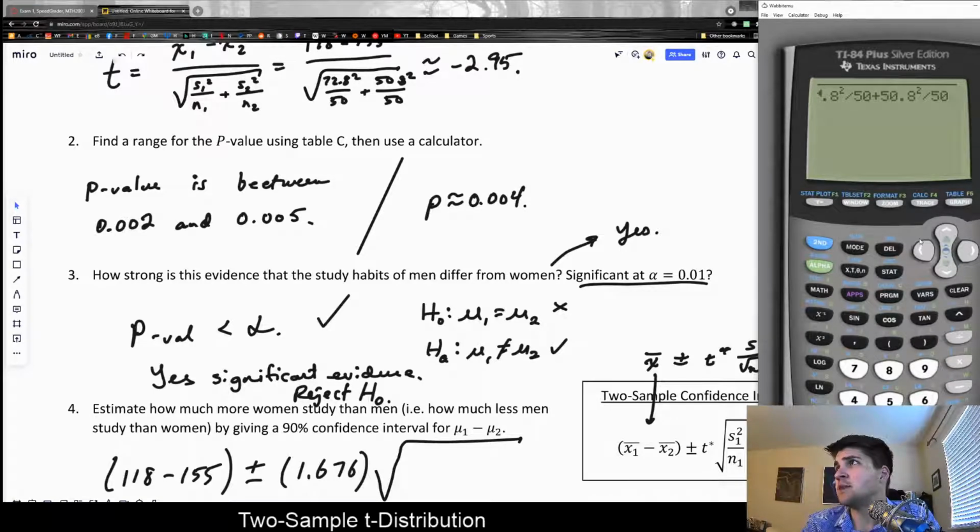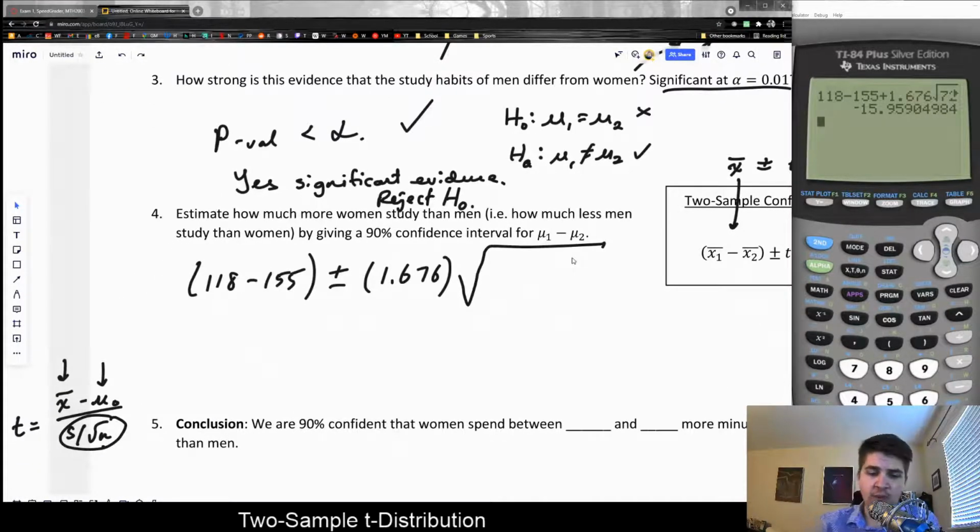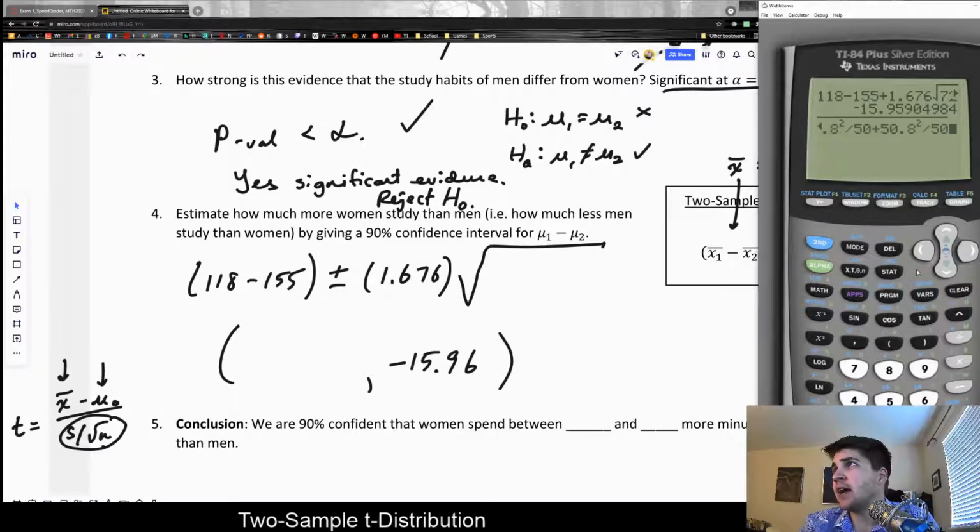All of that looks to be in the square root, so we're good to go. And if your calculator has trouble with this sort of thing, I'd suggest just getting a better calculator. But anyways, we did all the math, and so the upper end of our confidence interval will be negative 15.96. And to do the lower end, I just need to change that plus to a minus.